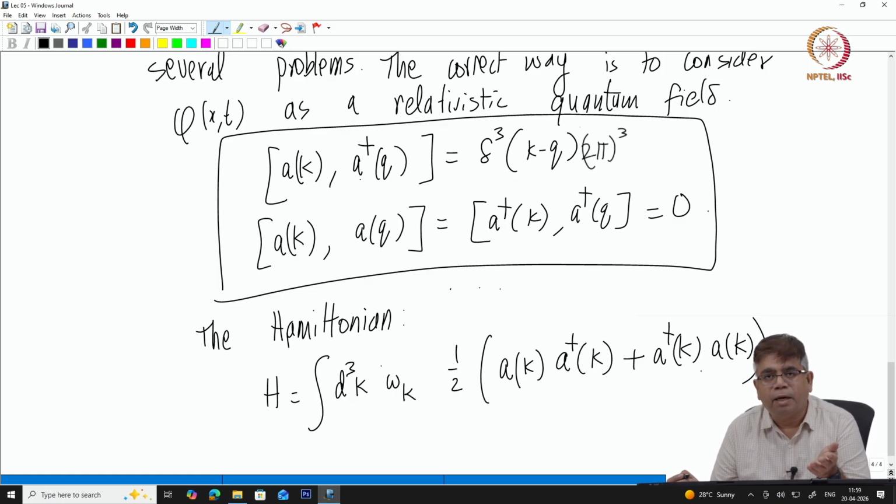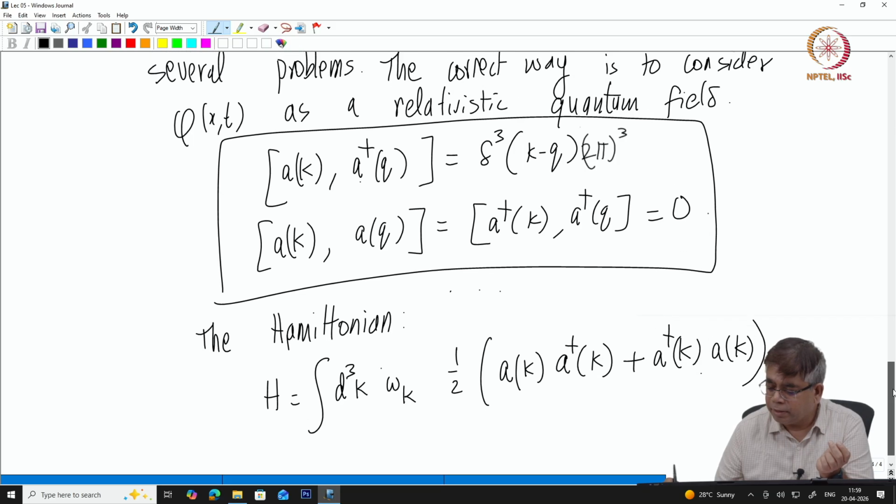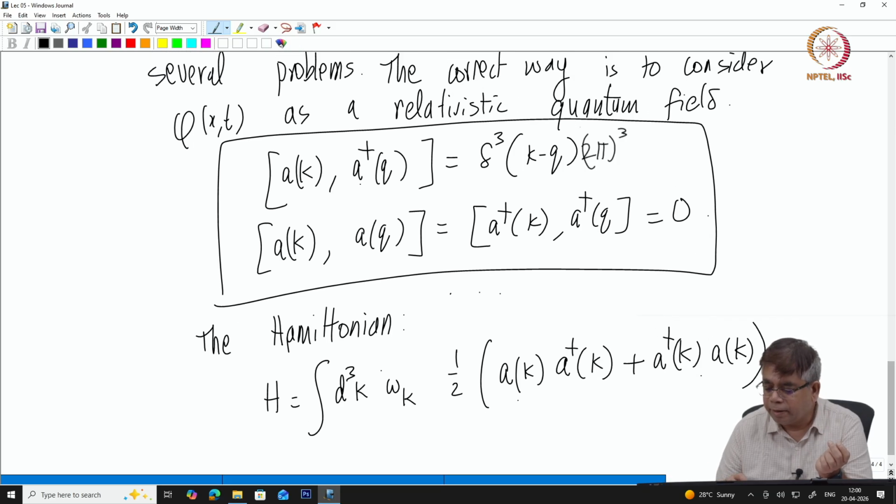Because we revised the harmonic oscillator, it is very obvious that this is the thing. It is just the harmonic oscillator Hamiltonian, but the main difference is that A dagger now depends upon k, which is the momentum mode. So there is a frequency dependent on k: for every momentum mode there is a different frequency and so on.